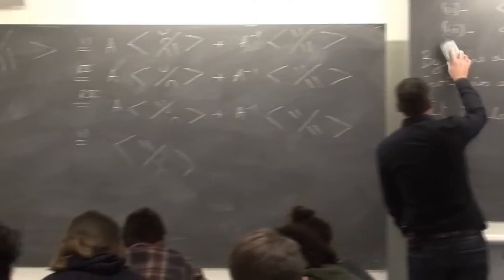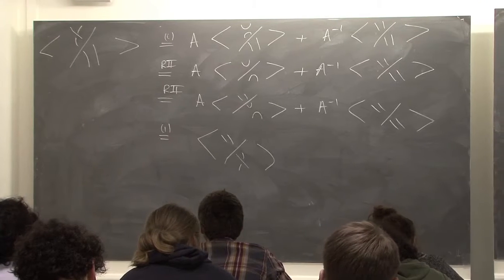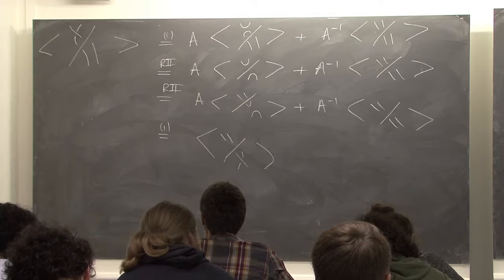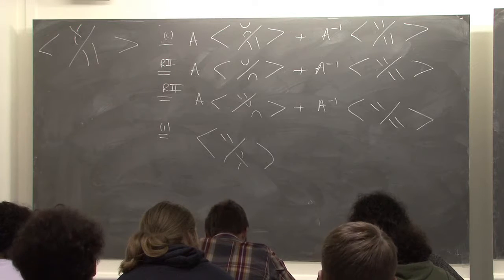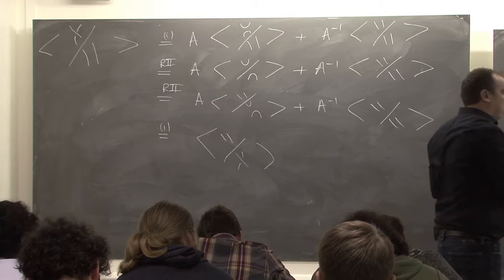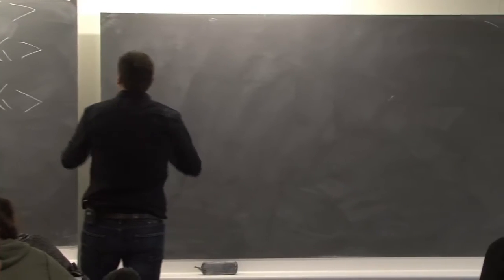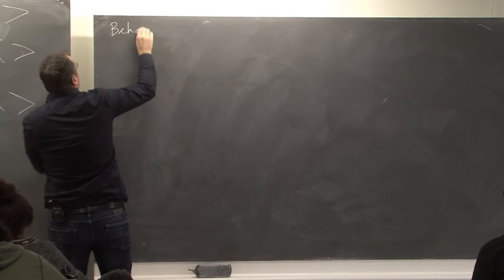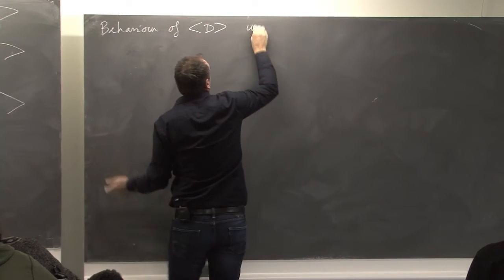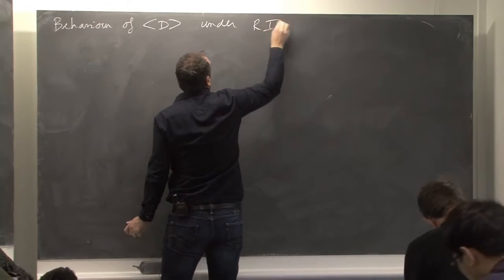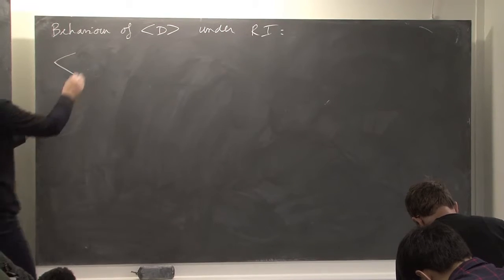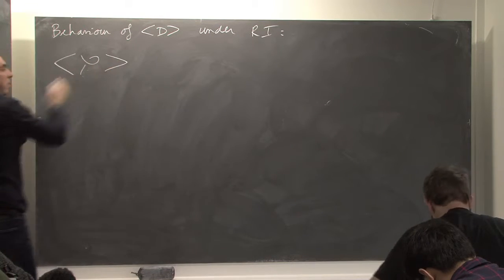Okay. It remains to study Reidemeister move 1. So, what is the behavior of the bracket polynomial under the first Reidemeister move? Okay. So we look at this.